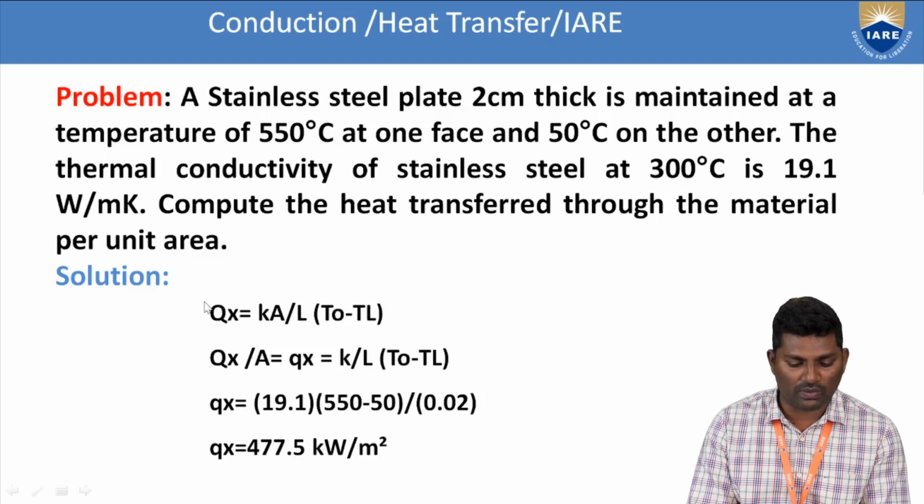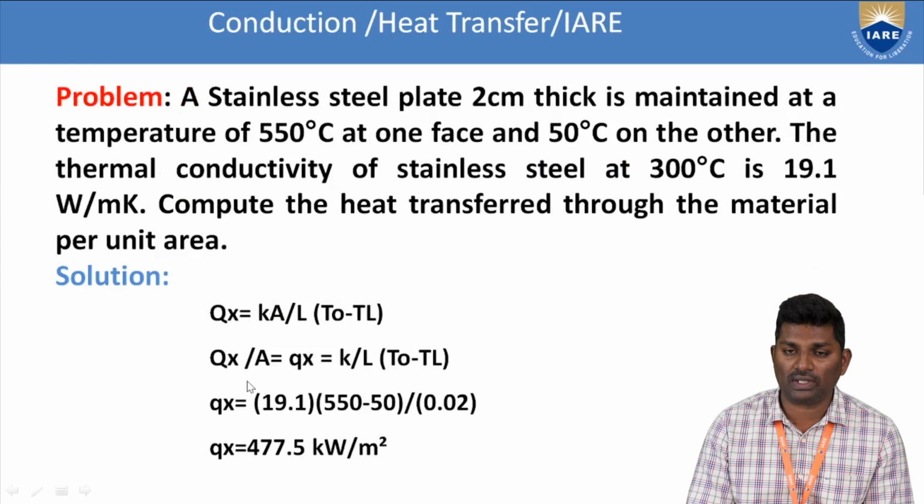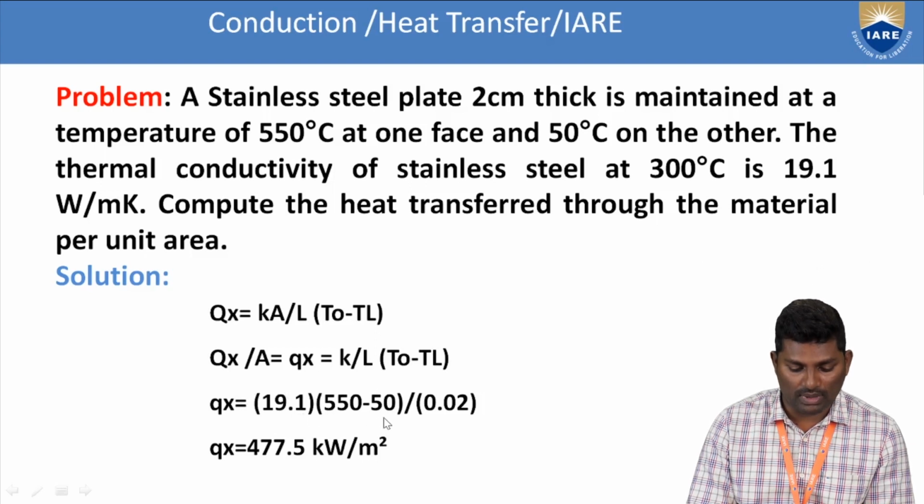So you have the equation as Q is equal to KA by L (T0 minus TL). In this equation, you substitute the values: K is given as 19.1 watt per meter Kelvin, L is given as 0.02, 2 centimeters converted into meters, and T0 and TL, initial and final temperatures, are given as 550 and 50.